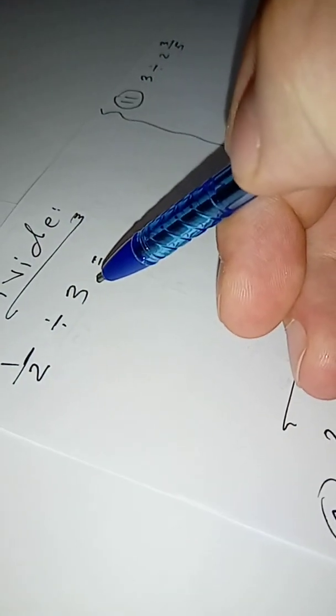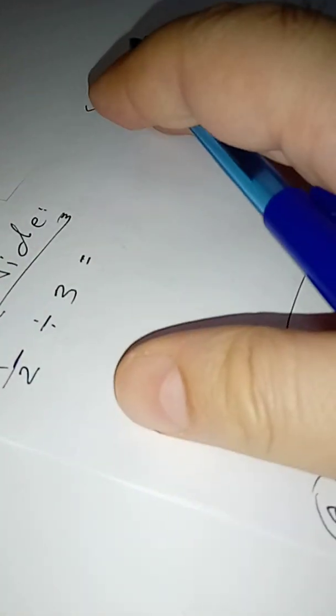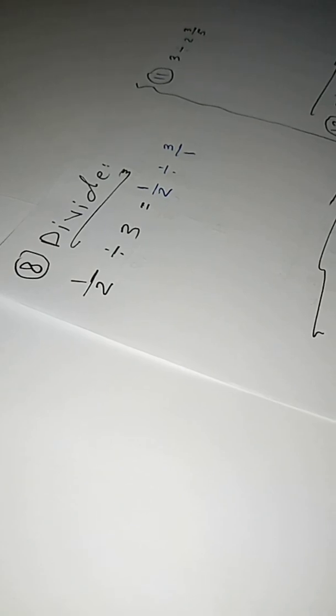The example here we have fraction divide by whole number. Also change from whole number to the fraction. So we can write here 1 over 2 divide by, and change 3 to the fraction, we can write 3 over 1. Then use the rule.